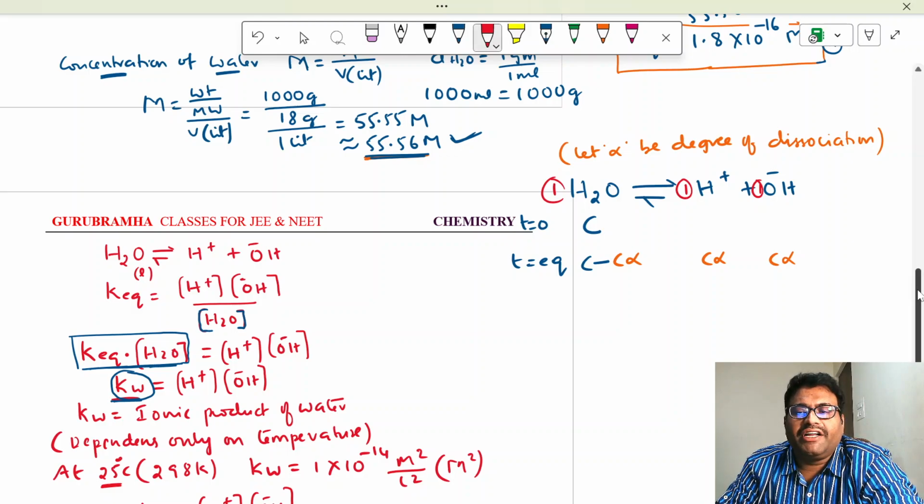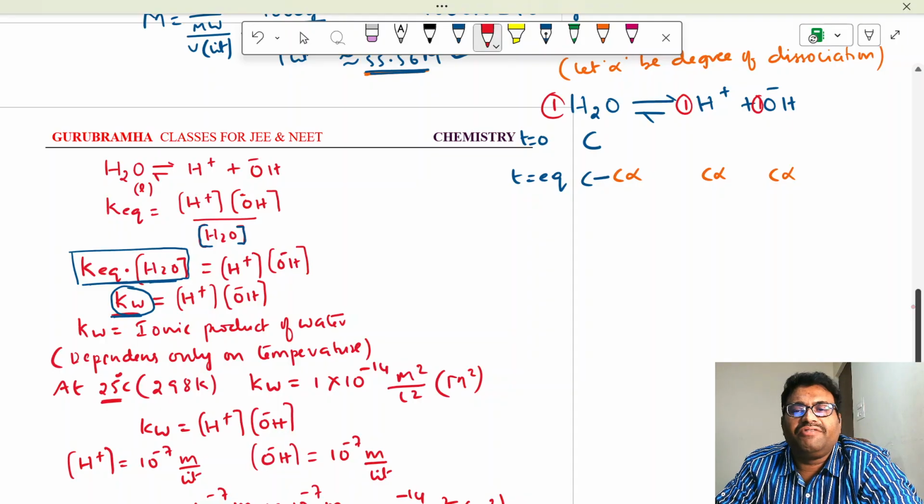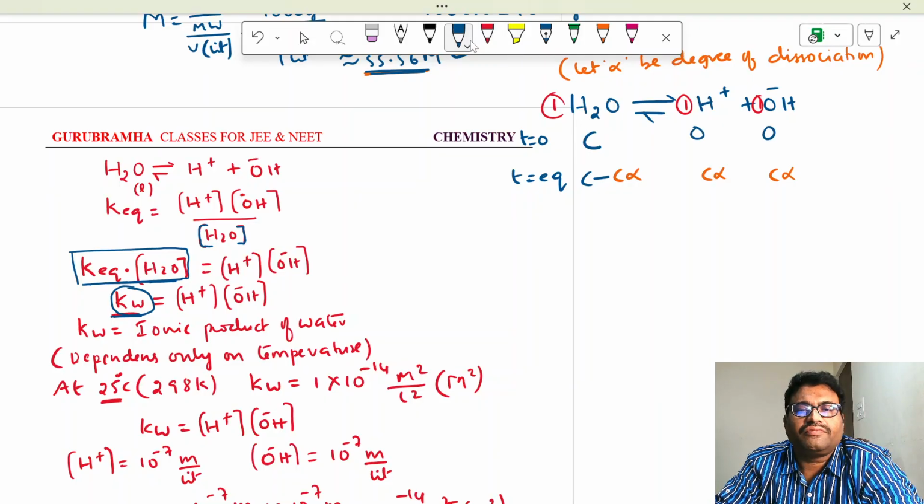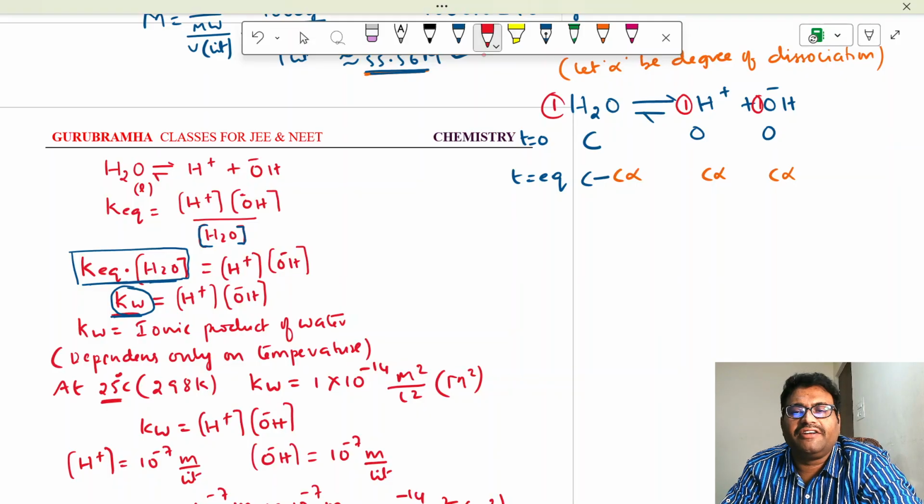When temperature is not mentioned, we have to take it at 25 degrees centigrade.